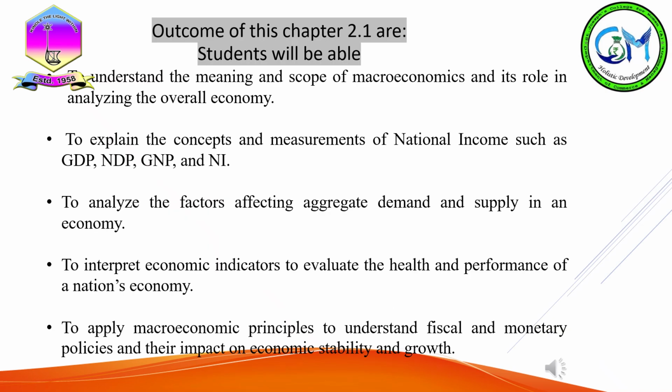Outcome of this chapter: students will be able to understand the meaning and scope of macroeconomics and its role in analyzing the overall economy, to explain the concepts and measurement of national income such as GDP, NDP, GNP, and national income, to analyze the factors affecting aggregate demand and supply in an economy, to interpret the economic indicators to evaluate the health and performance of a nation's economy, and to apply macroeconomic principles to understand fiscal and monetary policies and their impact on economic stability and growth.